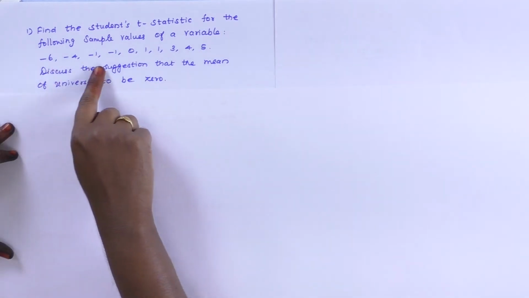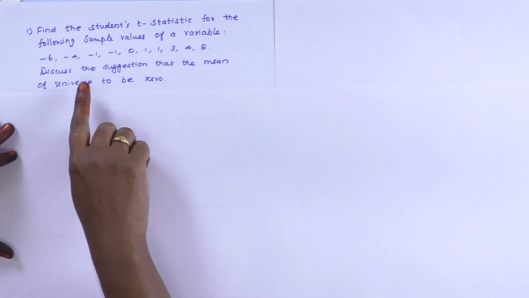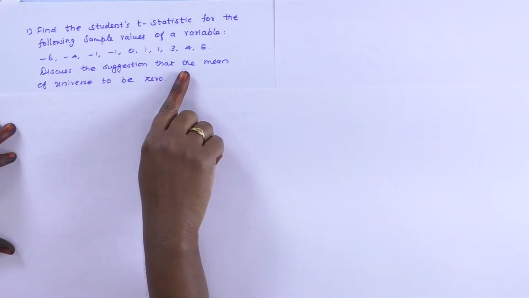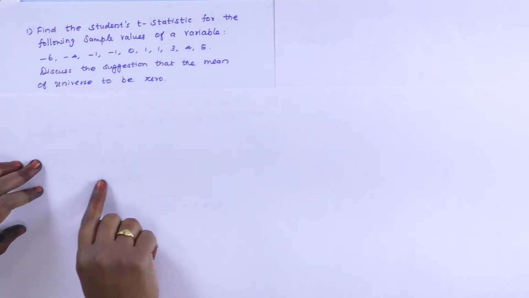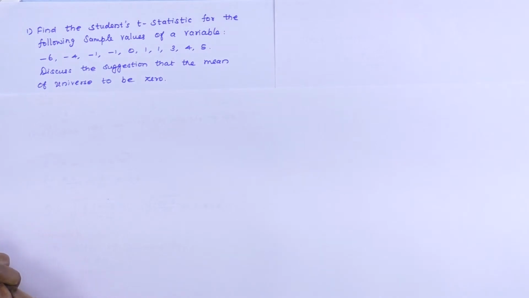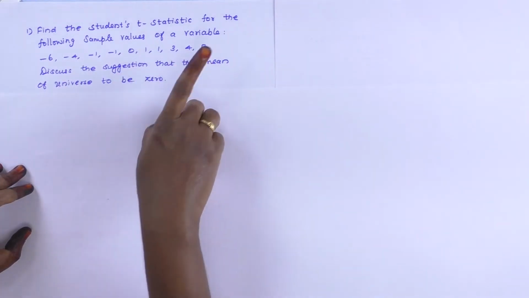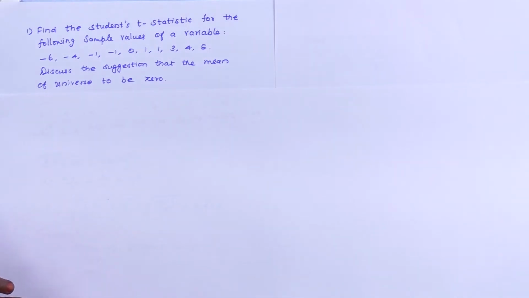Here discrete data are given. First we want to calculate the number of samples. Here the number of samples is 10, and we want to calculate x bar. X bar is equal to the sum of x divided by the number of items, that is 10.